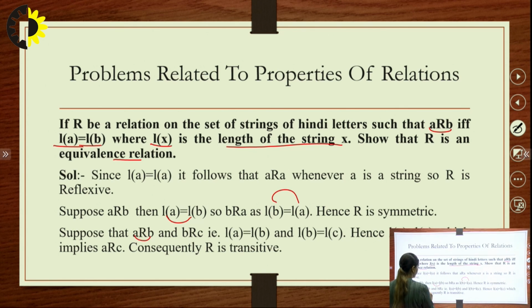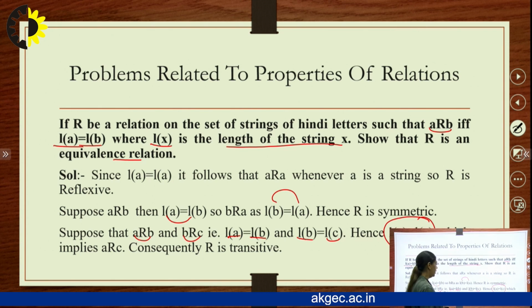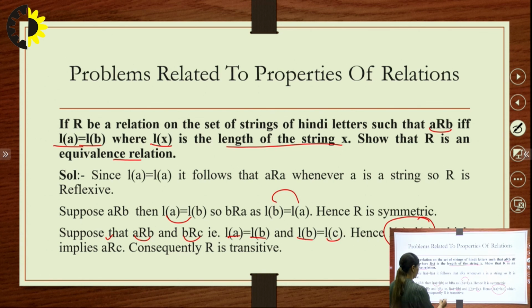Suppose A is related to B, B is related to C, this implies that length of A is equal to length of B, and length of B is equal to length of C. So from here we can conclude that length of A is equal to length of C, which implies that A is related to C. So R is transitive, right? So it is reflexive, it is symmetric, it is transitive. So it is satisfying all the three properties. So the relation is an equivalence relation.